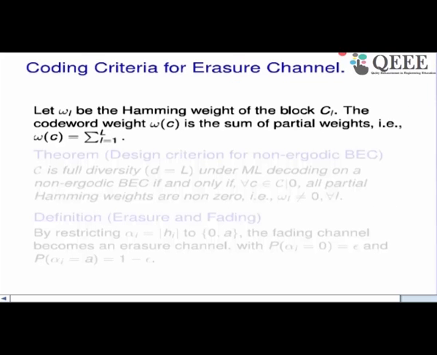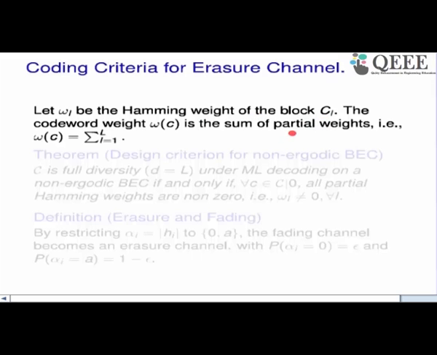Okay. Now, how does this help me in designing a code for an array channel? The code design criteria for an ergodic channel would be very simple, but the criteria for a non-ergodic channel would be slightly different. You see that? Suppose WL is the Hamming weight of the block CL.